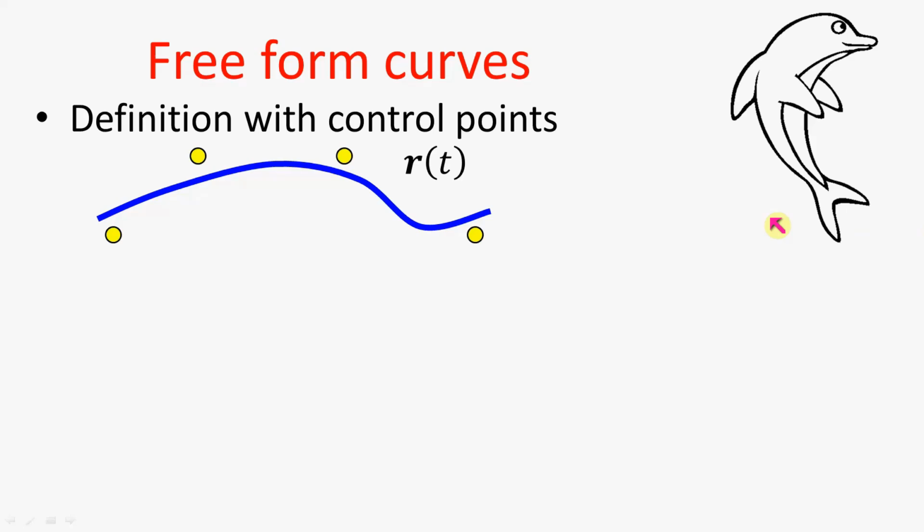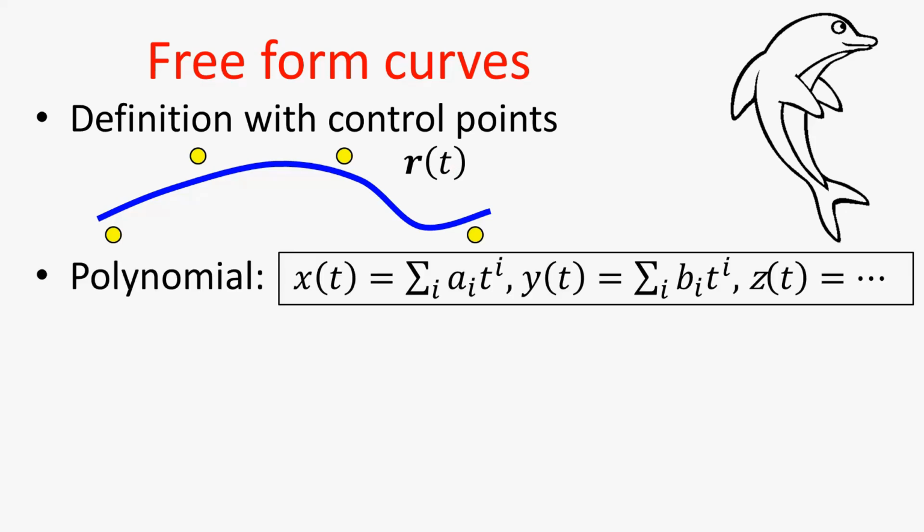We will search for parametric functions. So the points on the curve are identified as a function of parameter or time t. We don't know the algebraic form of this unknown function, but we know that the curve is generally smooth, so a reasonable choice is to say that the unknown function should be a polynomial.